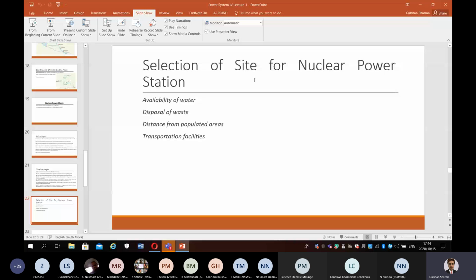The final point is the transportation facility. For a nuclear power station, there should be an adequate transportation facility, because there are the generators, turbine, and the nuclear power plant.